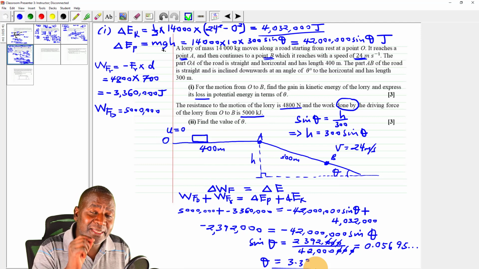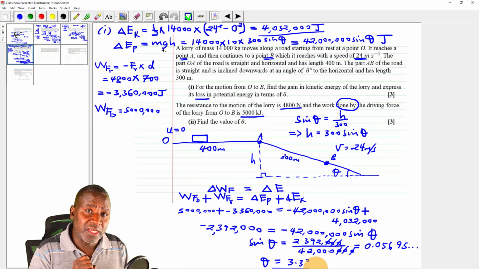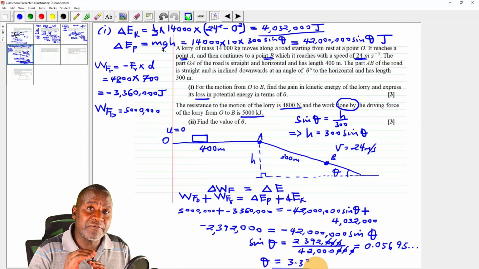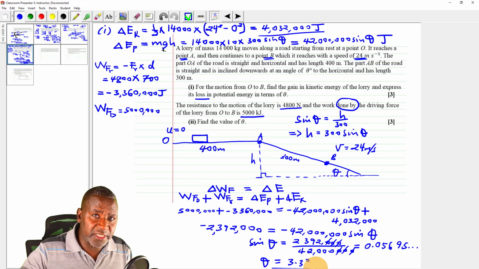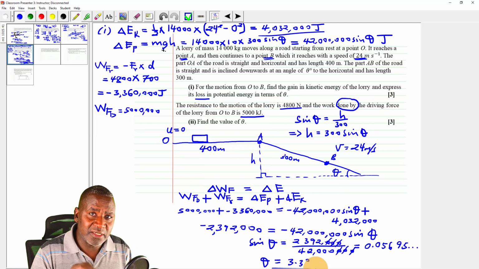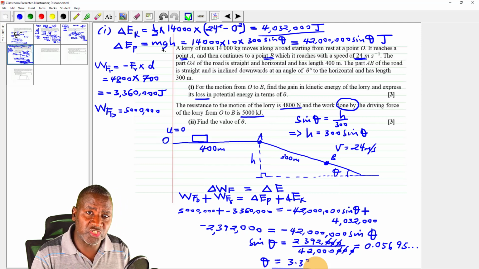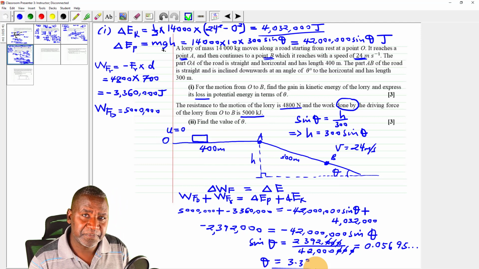Then gain in gravitational potential energy. Be on the lookout here. If there is a decrease in height, your gain in gravitational potential energy will have a negative sign. But if it is increasing, then it's all right. The driving force.